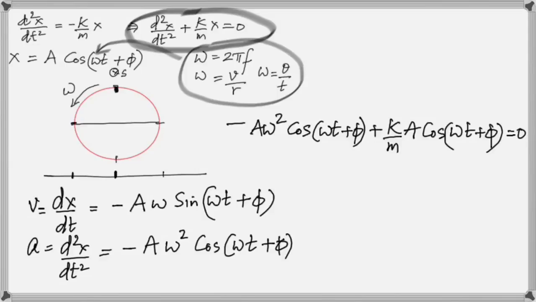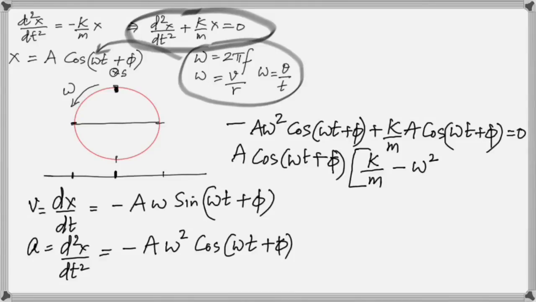One look at this, and you see that you can take out some factors common. You can take out A cosine of omega t plus phi. Then inside you would have k by m, I'm writing the second term first because it is positive, minus omega squared, is equal to 0.